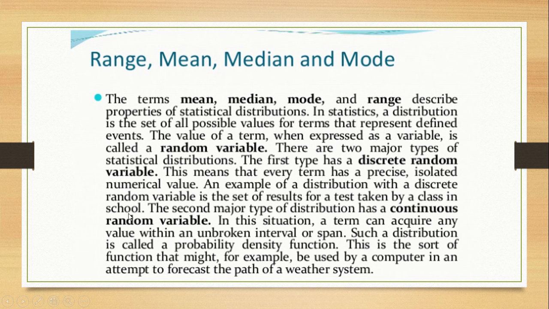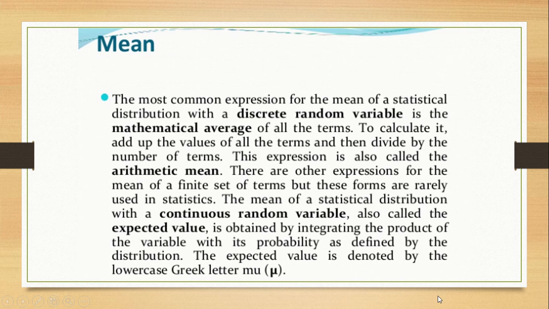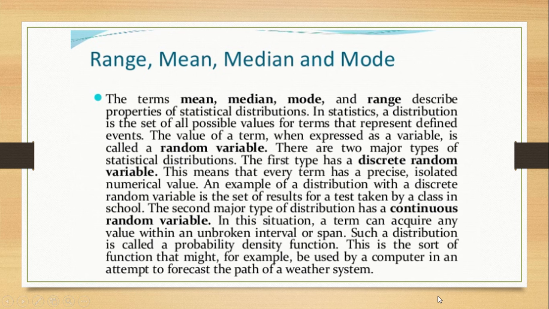Then the second major type of distribution has a continuous random variable. In this situation, a term can acquire any value within an unbroken interval or span. Such a distribution is called a probability density function.